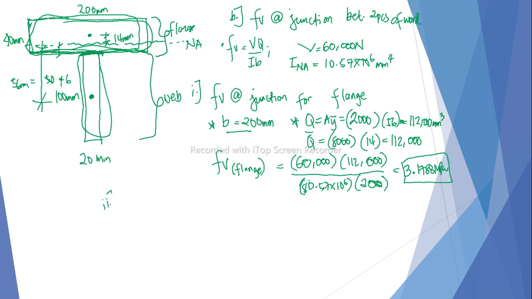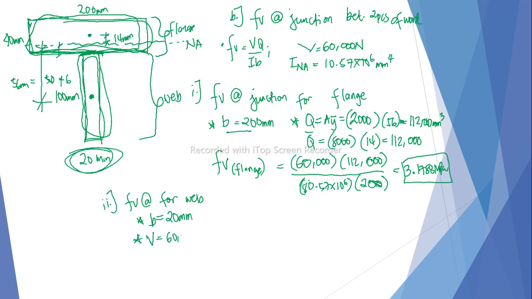Next is the shearing stress at the junction for the web. Here it is the web, at the bottom. So our new B is 20 millimeters. The shearing force is still 60,000 newtons.